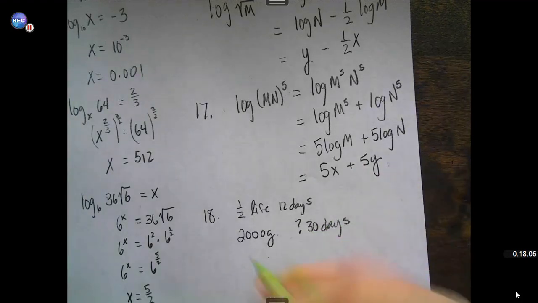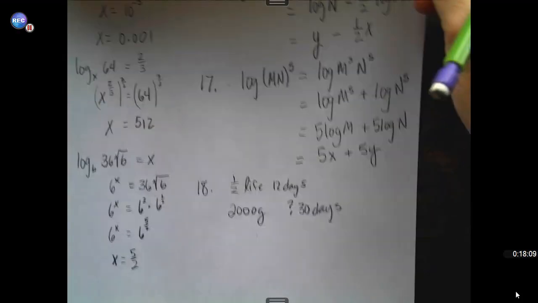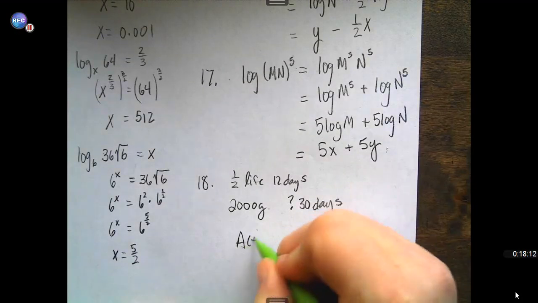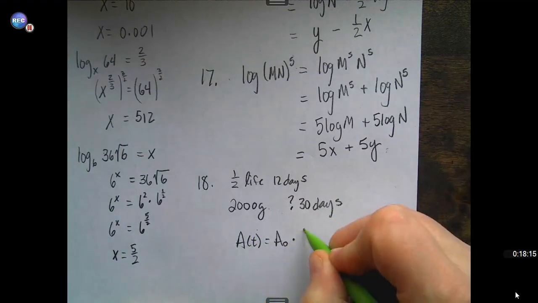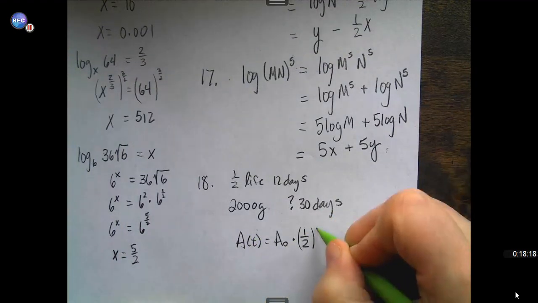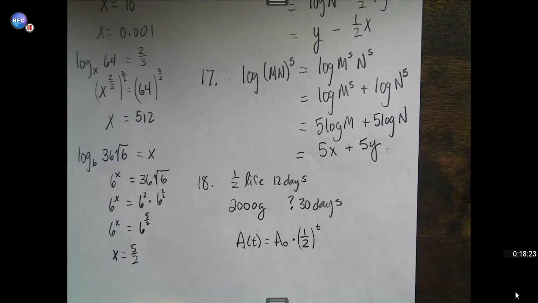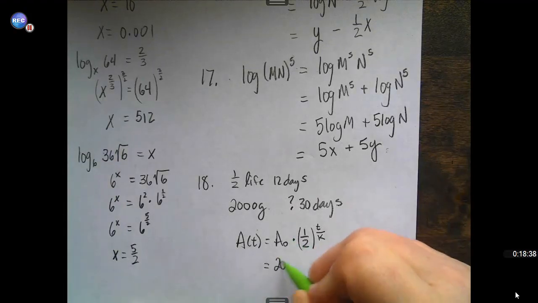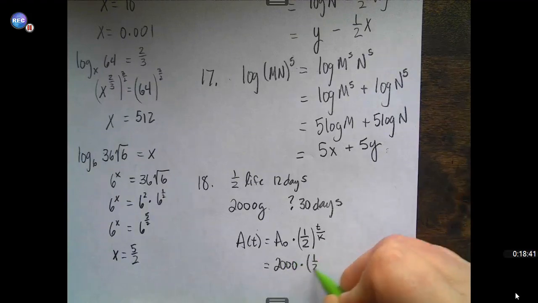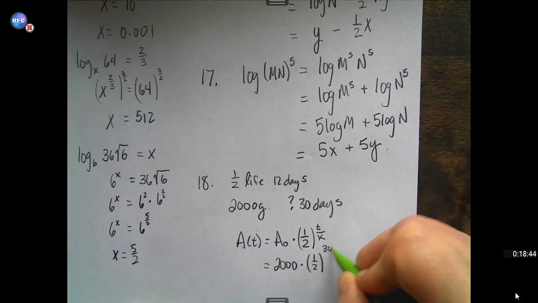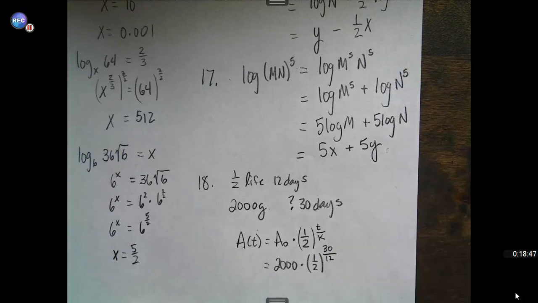So the formula of the formulas that I gave you, the one that we want to use here is A of t equals A sub 0 times 1/2 to the t over k. And so my original amount is 2,000. The time is 30 days, and the half-life is 12 days.